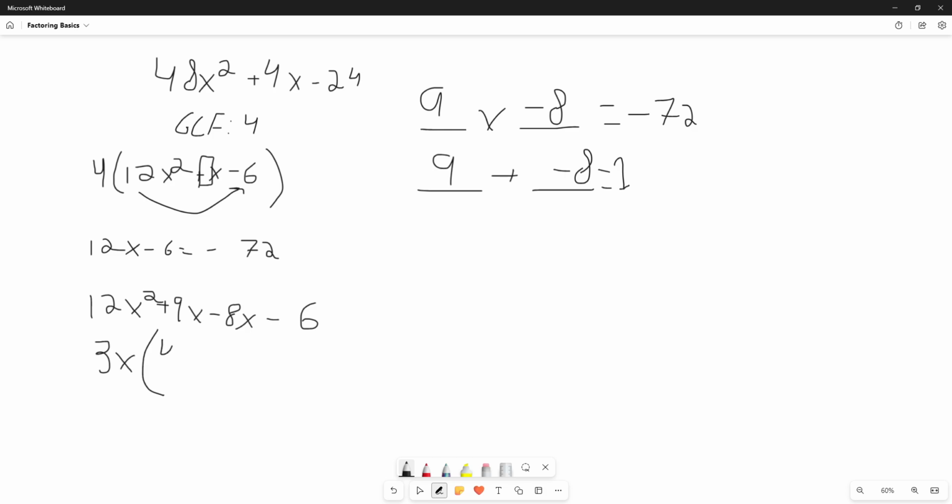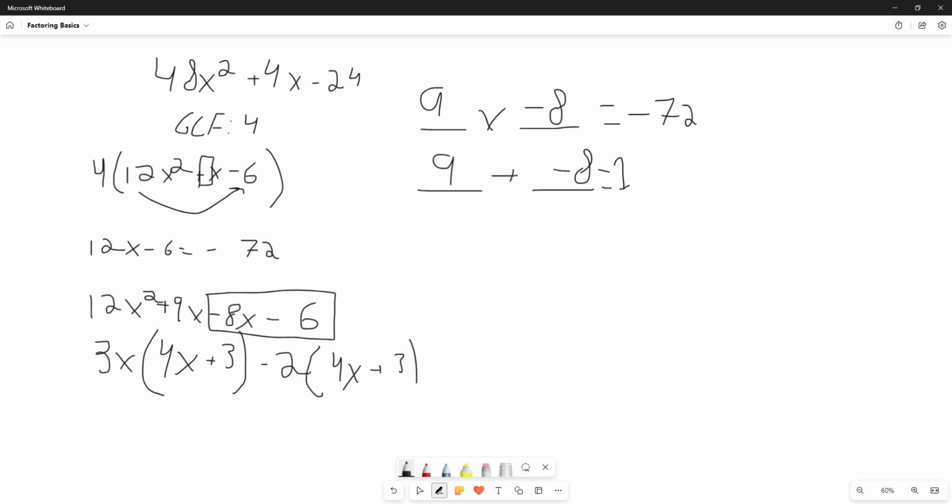Because then we have a 4x here. 3x times 4x is 12x squared. And 9x divided by 3x is just 3. We take out the common factor out of these ones as well. So the common factor here is minus 2. And we have a 4x, right? Because minus 2 times 4x is 8x. And minus 6 divided by minus 2 is plus 3.